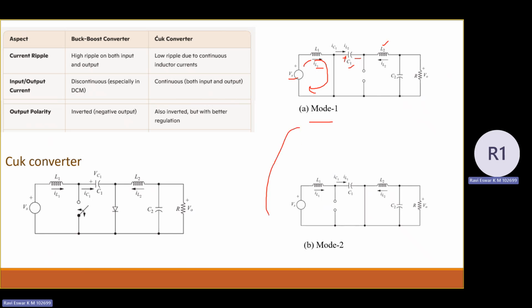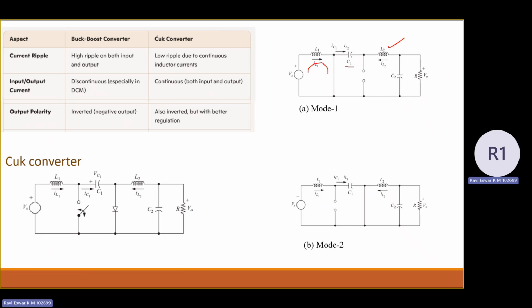After mode 1, mode 2 happens, where the capacitor is in charging state. After mode 2, again mode 1 happens. It is a repeated process. So assume that capacitor C1 has some charge in it. Now, with the voltage across capacitor C1, the inductor L2 is in charging state. So this is what happens in mode 1.